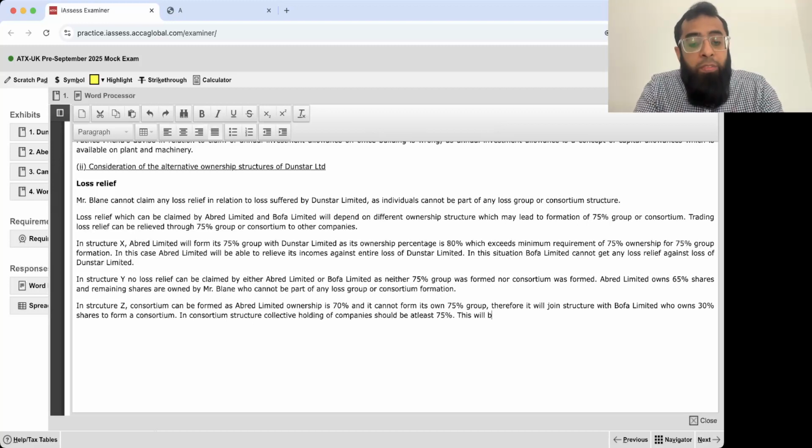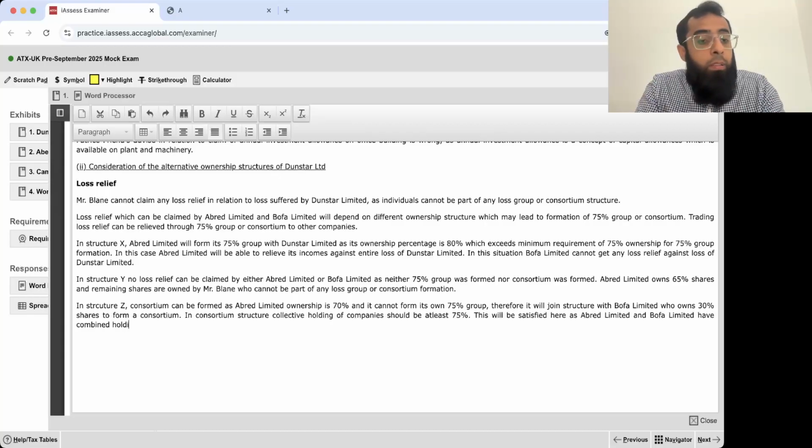This will be satisfied here, as Abrid Limited and BOFA Limited have a combined holding of 100% in Dunster Limited.